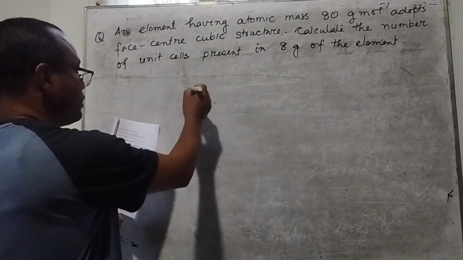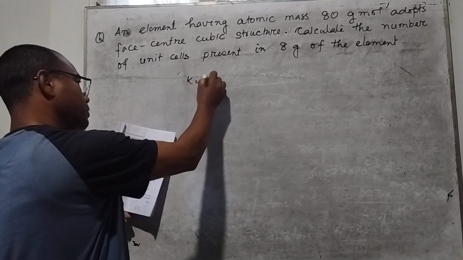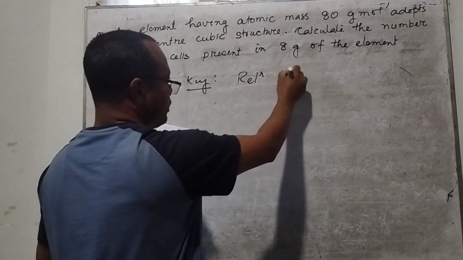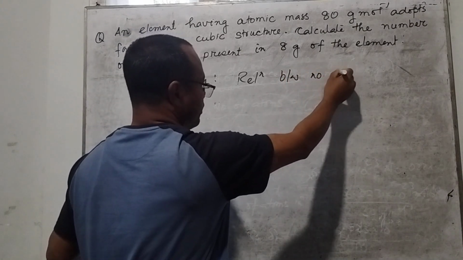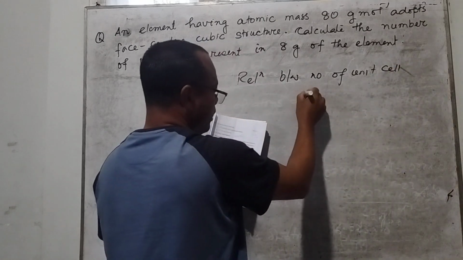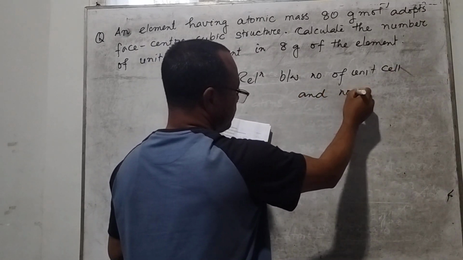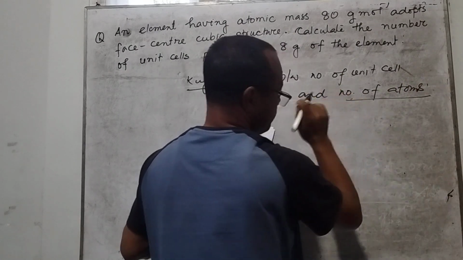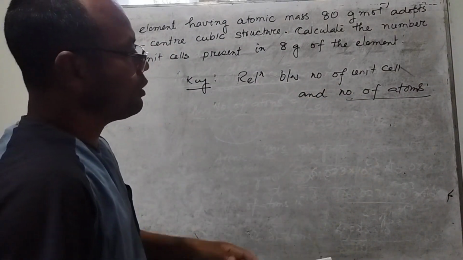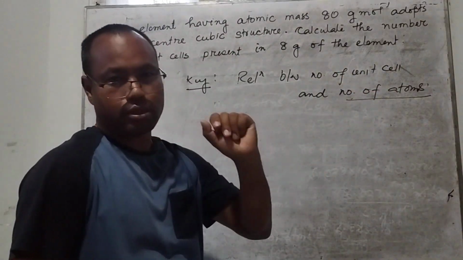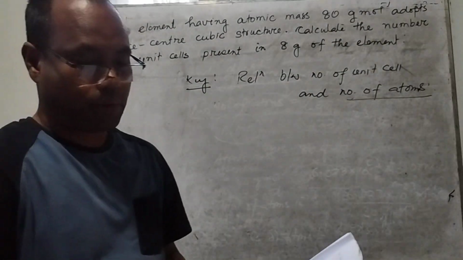So I write here, this is the first key knowledge, that is the relation between number of unit cells and number of atoms. If you know the number of atoms, we can find out the number of unit cells. This is the logic, you should remember.